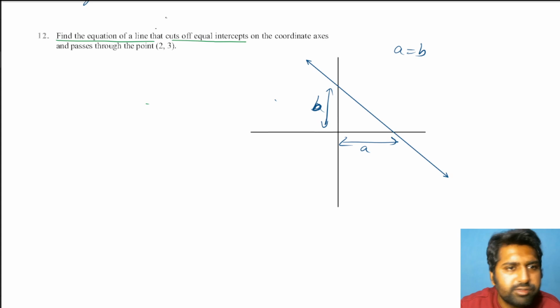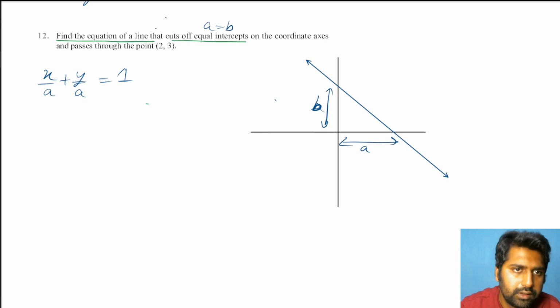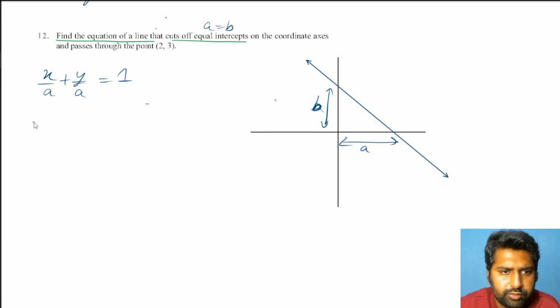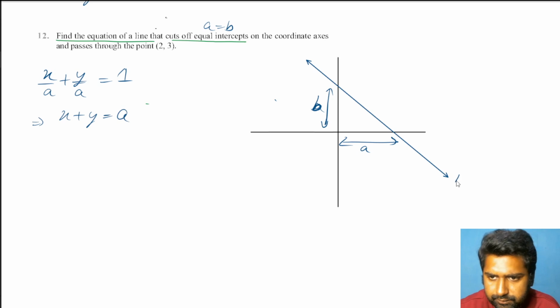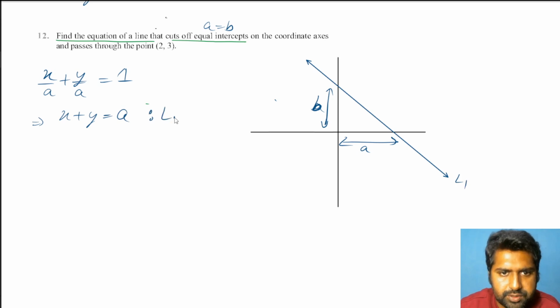So what was the format we can directly use? Directly we can use x upon A plus y upon B. Instead of B I can write again A is equal to 1, because the question states equal intercept. That means A is equal to B. So we can take LCM and everything. We get x plus y, we take A on the other side. So that's the equation of this line L1. It is saying that it passes through 2, 3. So there is a point on this which is 2, 3.